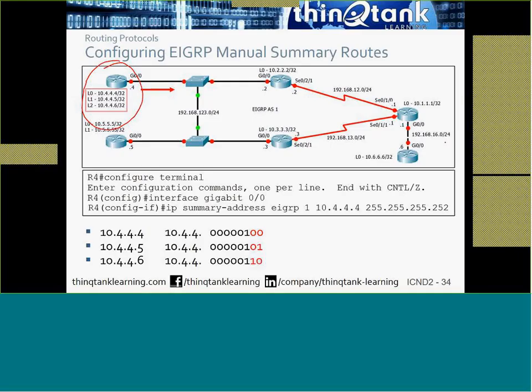That's what we see on the diagram here. I want these loopbacks to be advertised as a summary out of that interface. Does that make sense? Because now I don't want to advertise the 3 individual routes. I want to send one route that represents all 3 routes.